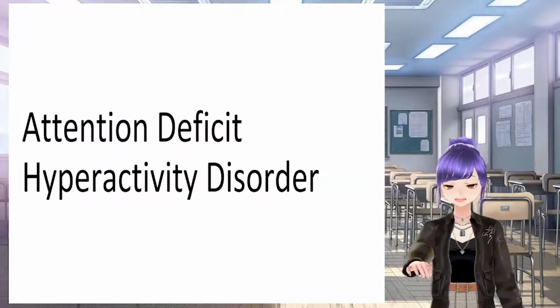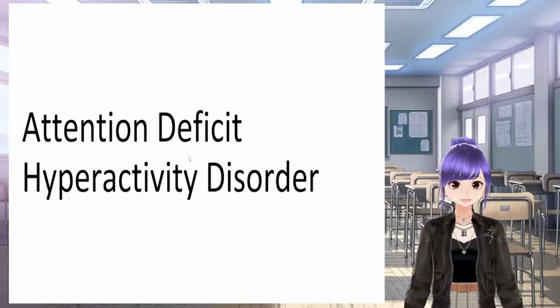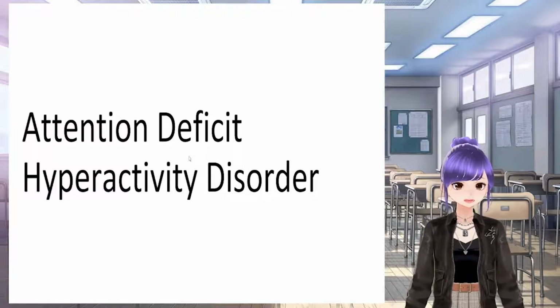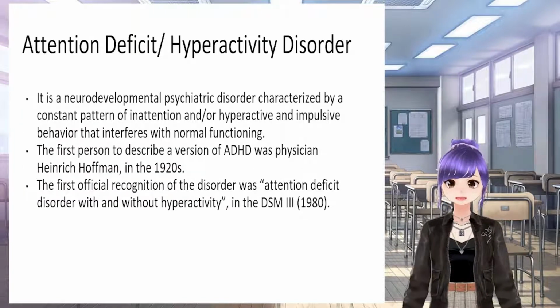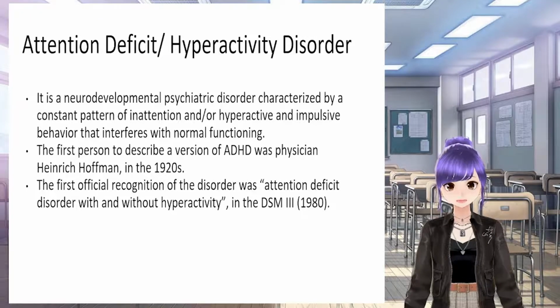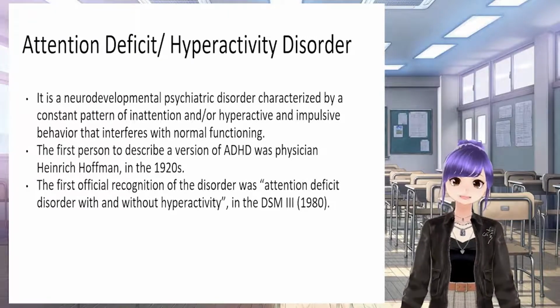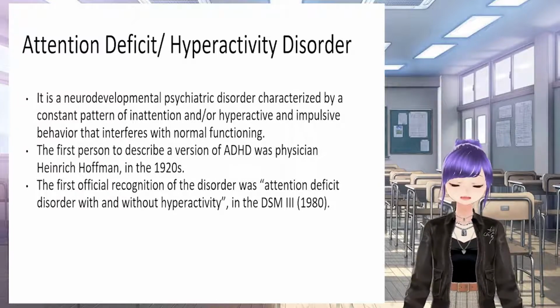Next is attention deficit hyperactivity disorder. Attention deficit hyperactivity disorder is a neurodevelopmental psychiatric disorder characterized by a constant pattern of inattention and/or hyperactive and impulsive behavior that interferes with normal functioning.